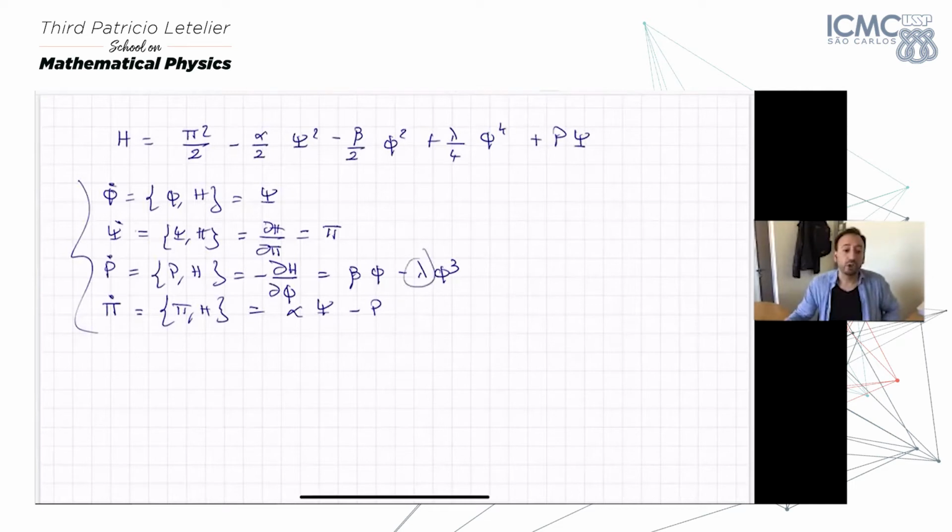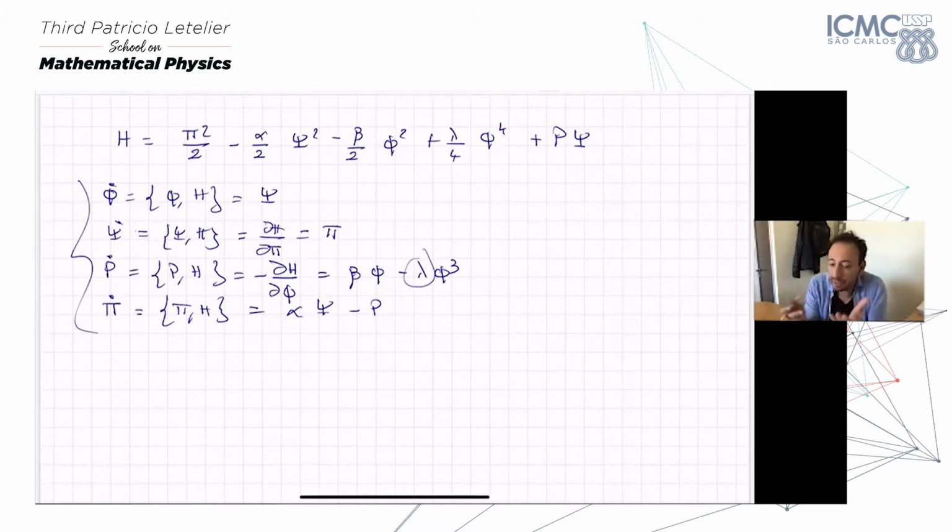Fine. So what do we ask for? Usually, if you have some harmonic oscillator, there is some point which is the minimum of your potential, which is going to be the vacuum. Here, in fact, there is not really a minimum. So we extend a bit the idea of a vacuum.